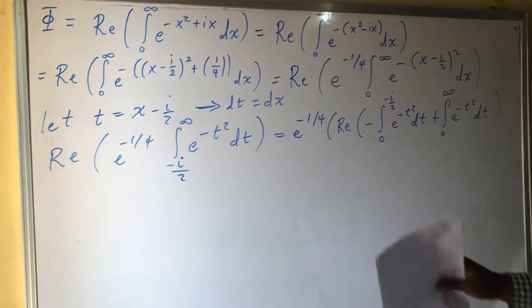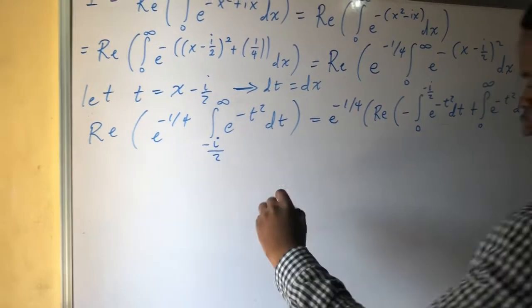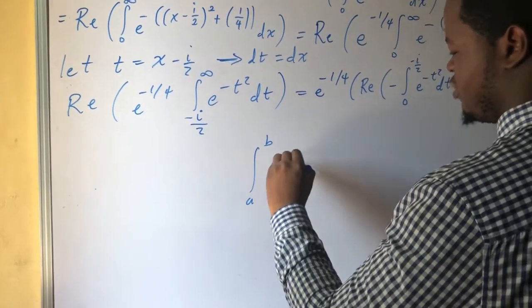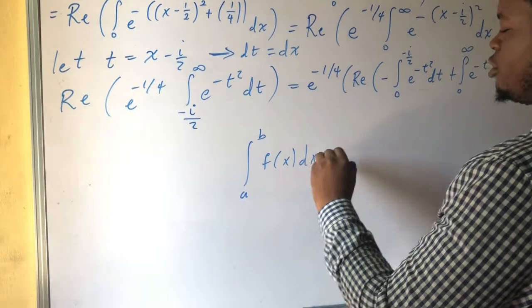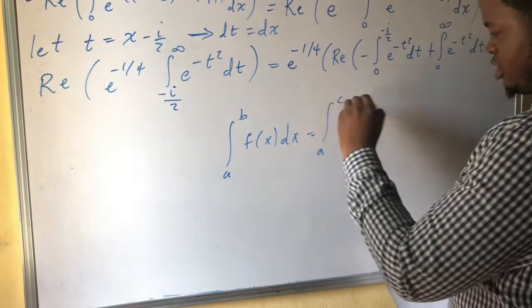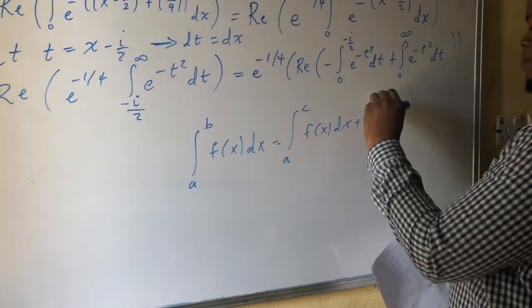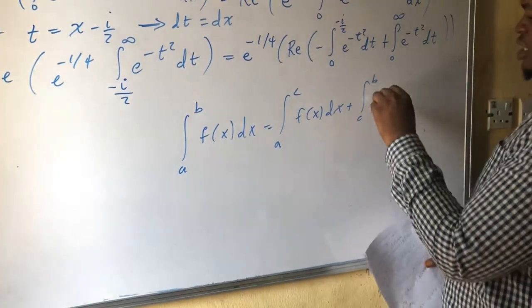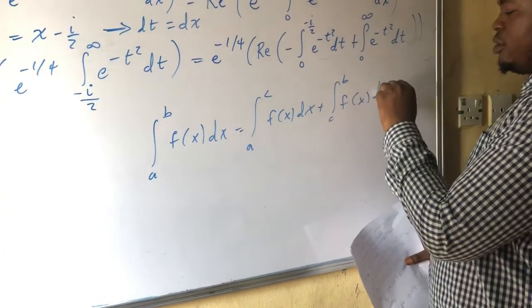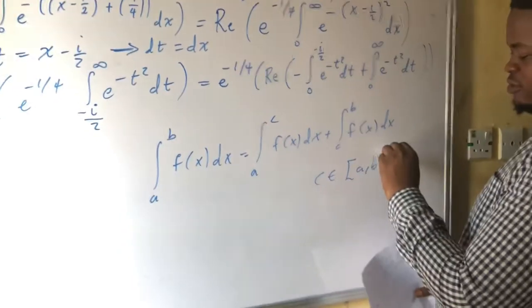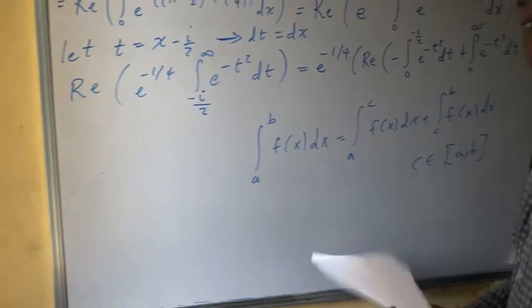What I did here is very straightforward. We all know the integral from a to b of f of x dx is equal to the integral from a to c of f of x plus the integral from c to b of f of x dx, where c is inside the interval. We all know that.